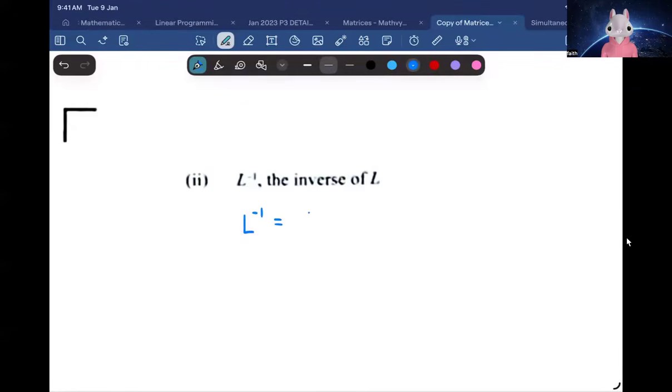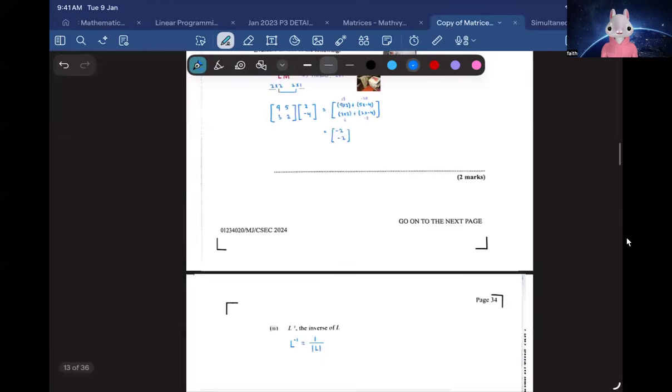So Faith, it is 1 over the what? What's the answer we got for the last question again?